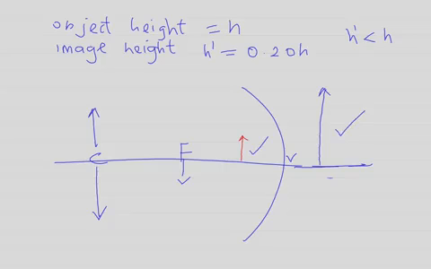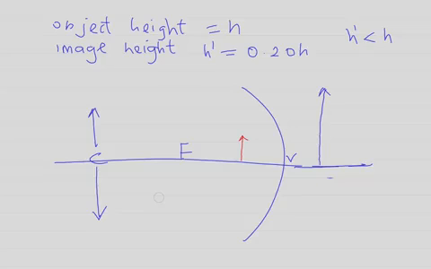This one and this one have the same orientation, while this and this do not. And if you place the object at infinity, the image will be formed at F, and the image formed at F is very, very small. So we are still going to use what we know about concave and convex mirrors.